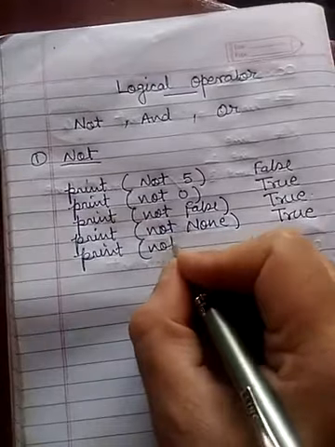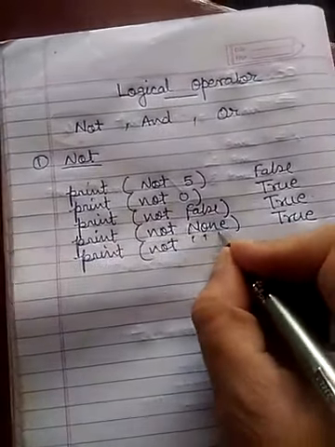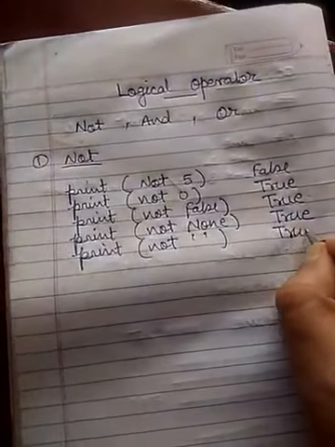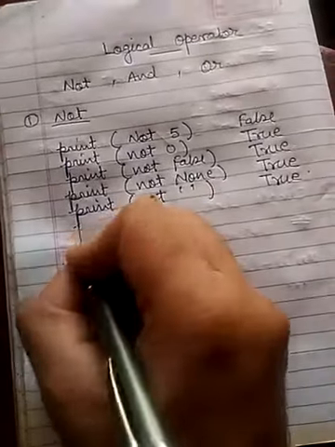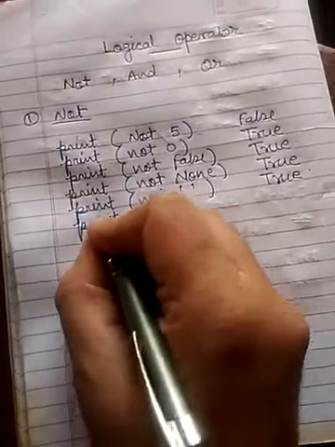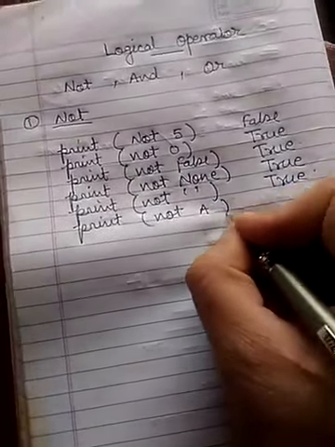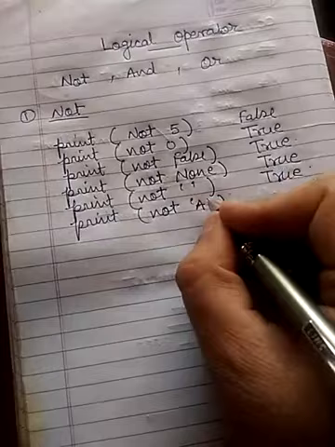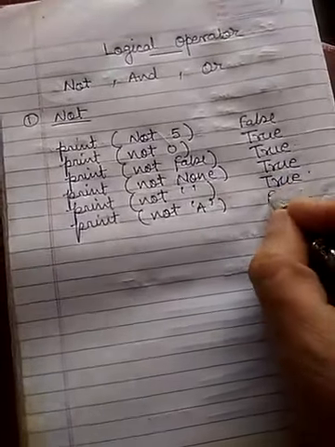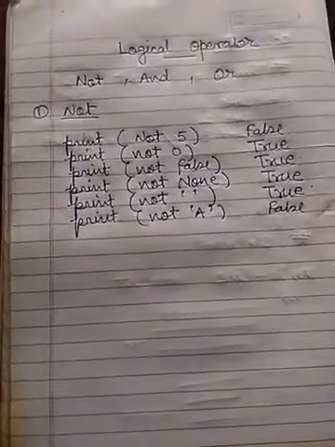Print not of blank, again you will get output true. Print not of A, B, C, anything, you will get answer false.